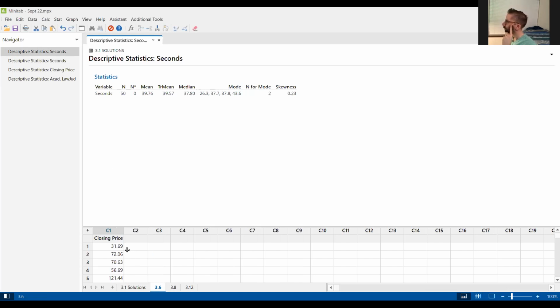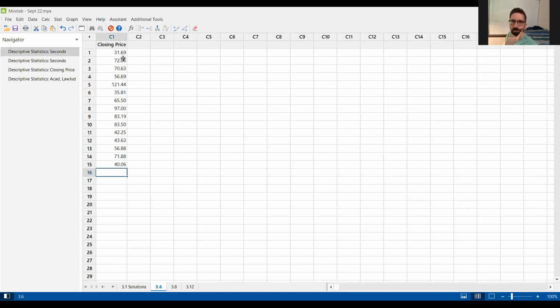These are the closing prices held by an institutional investor. This is a case where you would actually manually enter the data. So I put Closing Price as the title, and I just entered these 15 numbers. Here are the 15 closing prices. There's no data set here.